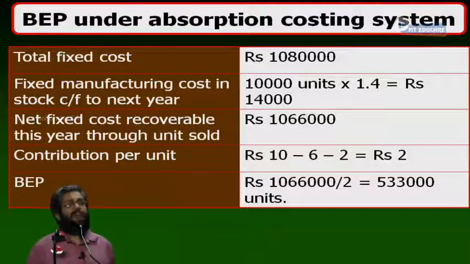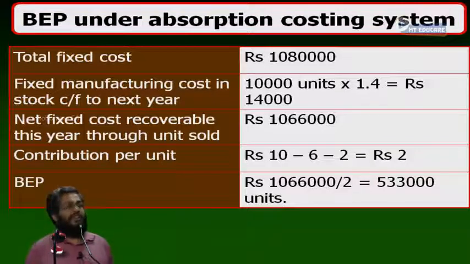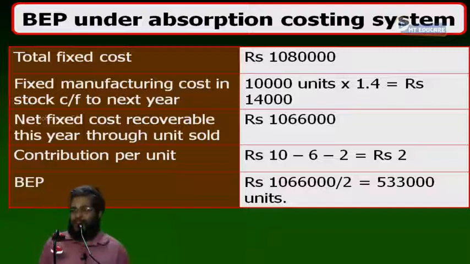Net closing stock, put a down arrow mark and write the formula. BEP is equal to total fixed cost. Why do I use the words total fixed cost? Fixed manufacturing cost, fixed non-manufacturing cost. Yes or no?